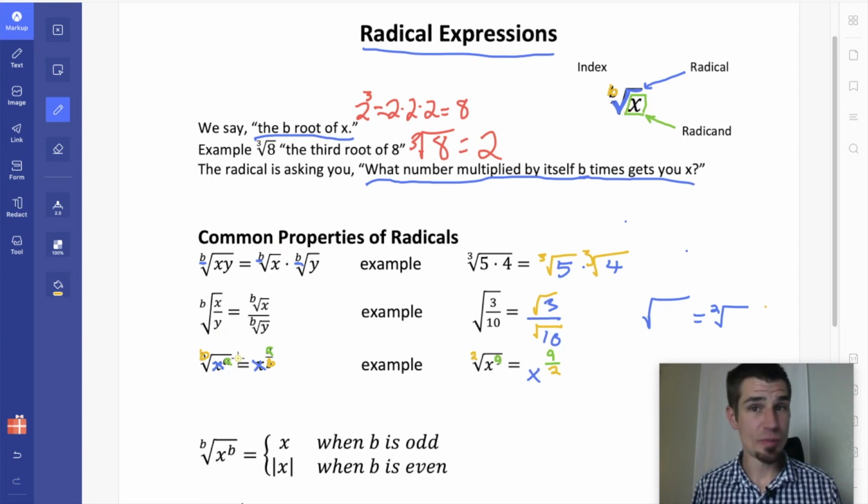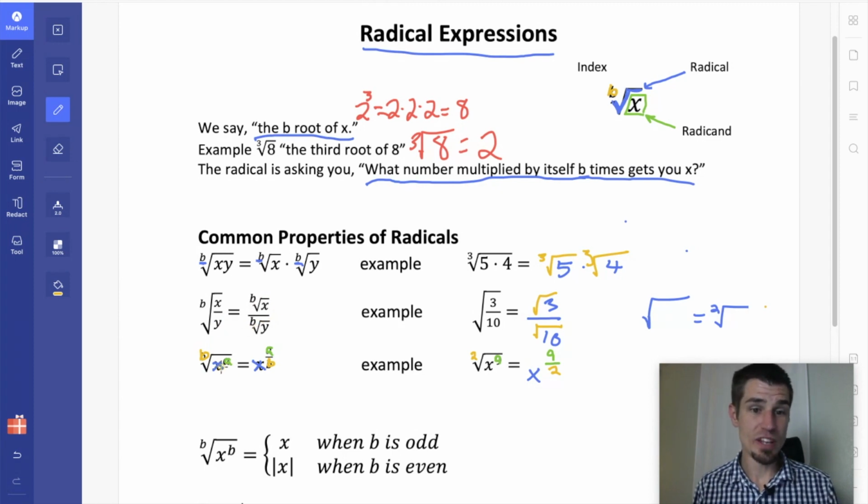These are the most common properties we'll be using when we're simplifying radical expressions. Ultimately, this is where we're going. We're going to be simplifying radical expressions. If we have factors underneath the radical, we can split those factors up into 2 separate radicals. If we have a fraction under the radical, we can split the numerator of the fraction, give it its own radical, split the denominator of the fraction, give it its own radical.